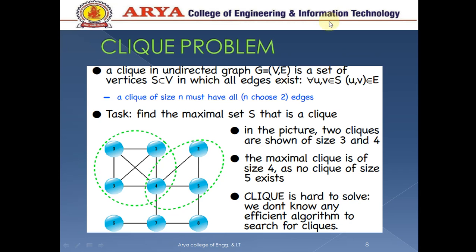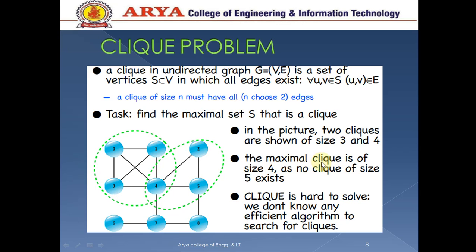A clique is an undirected graph in which a set of vertices and a set of edges are present. A clique of size N must have all the edges. The task is to find the maximal set that forms such a graph. In this picture, two cliques are shown, of size 3 and size 4. We can see this is size 3 and this is size 4.